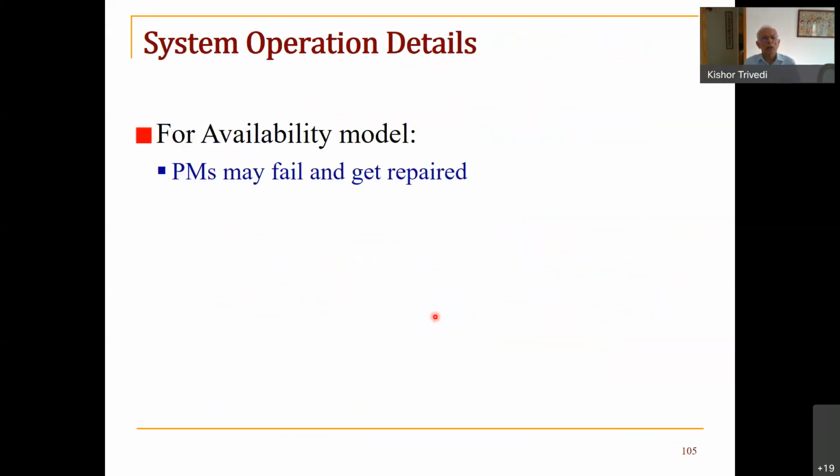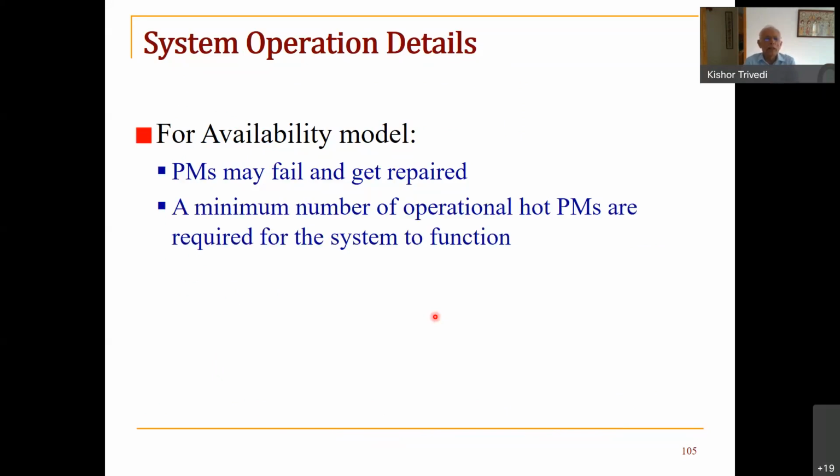So for the availability model, we observe that the physical machines can fail and can get repaired. And a minimum number of operational hot physical machines are required for the system to be functioning properly.